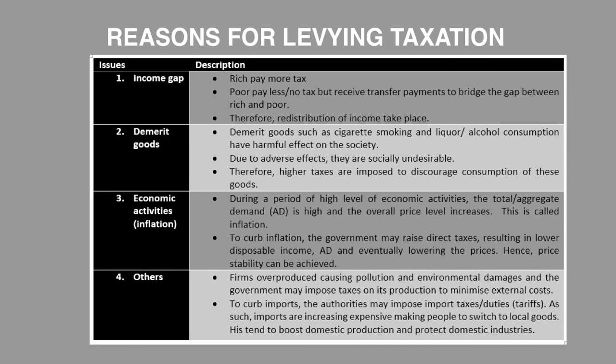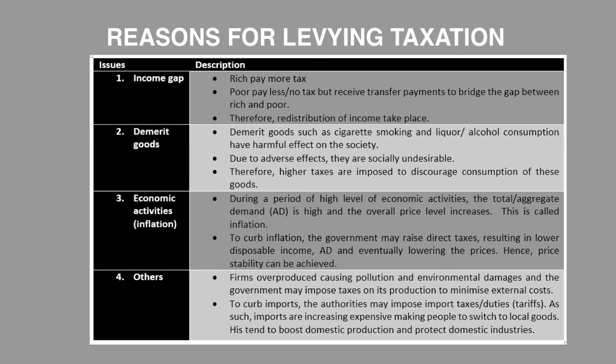So too much economic activity may lead to inflation, a price hike in the general price level. In order to ensure a low and stable general price, the government has to levy more tax and reduce government expenditure in order to bring down the general price level.